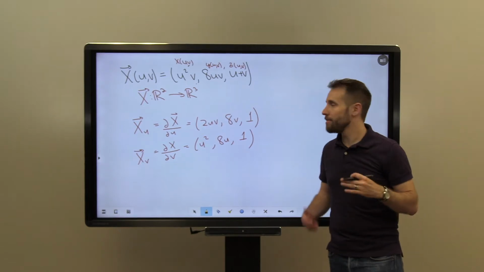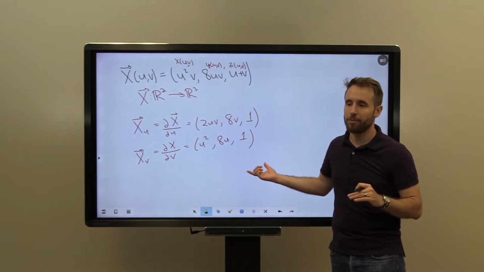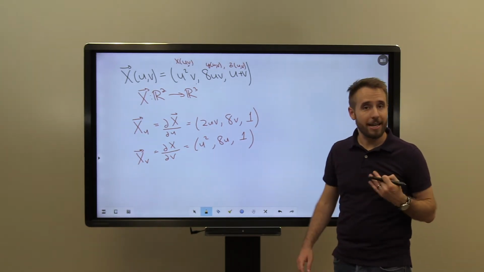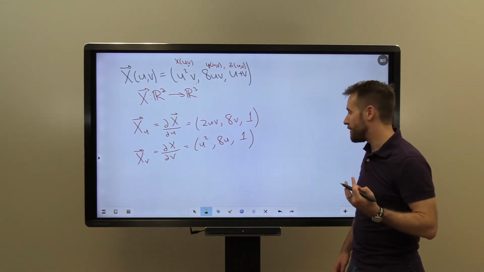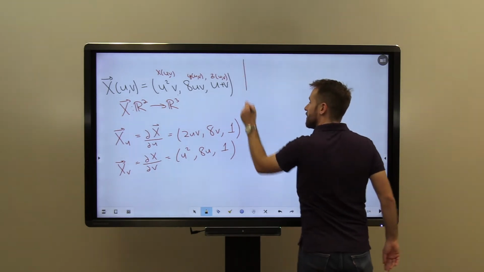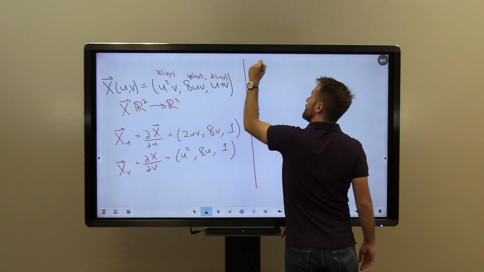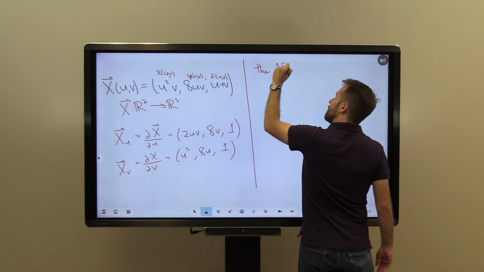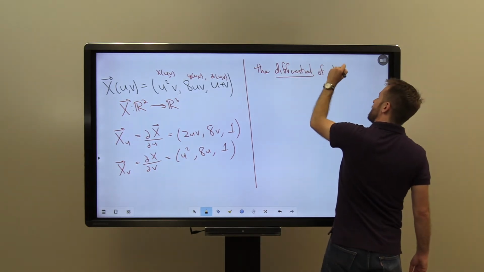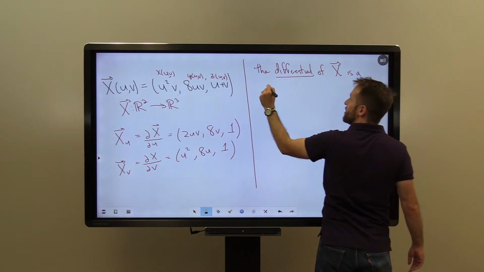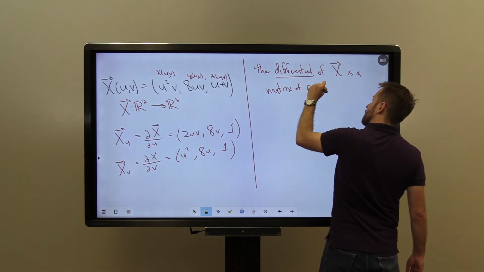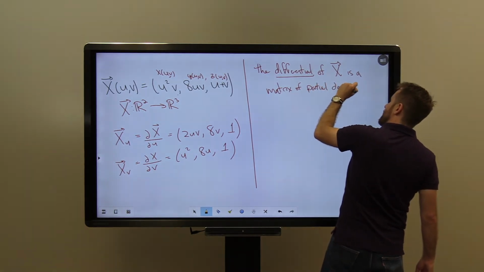Now there's an important associated object with this that's similar to the gradient that we saw on the previous slide. And in this case, this object is called the differential of our function. So let's move over here a little bit. The differential of x is a matrix of partial derivatives, and it's organized as follows.